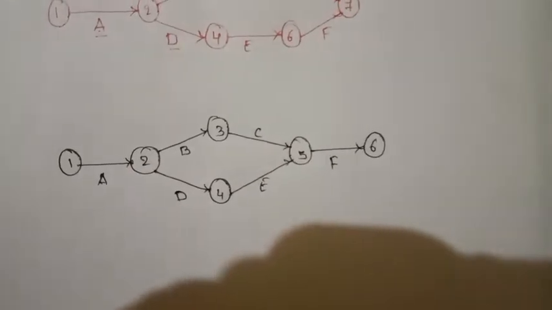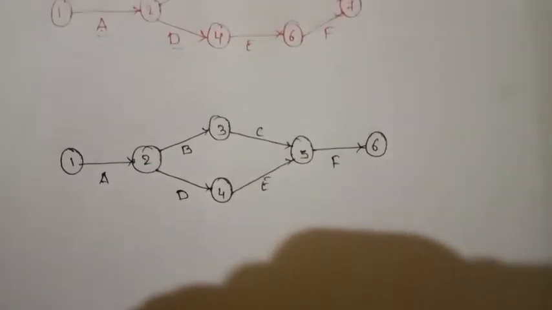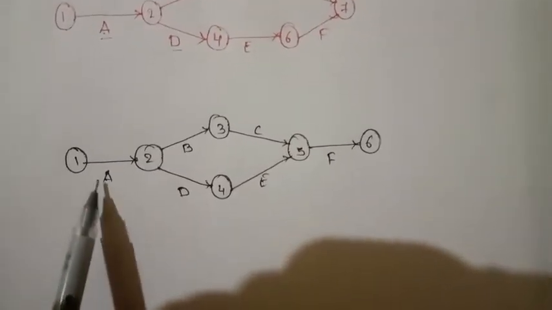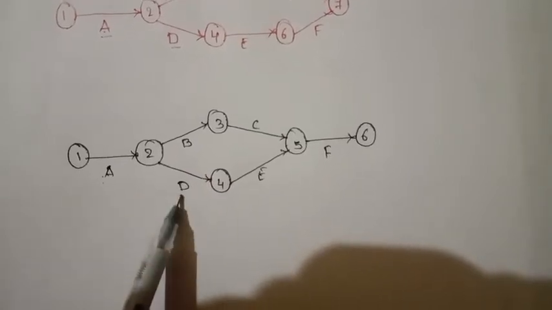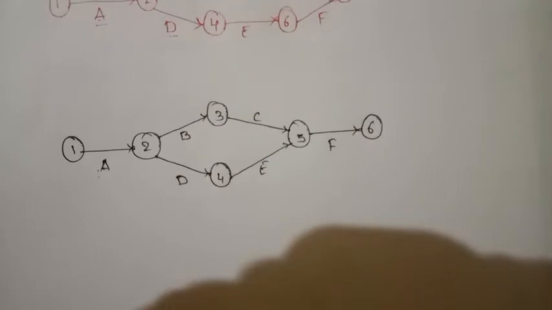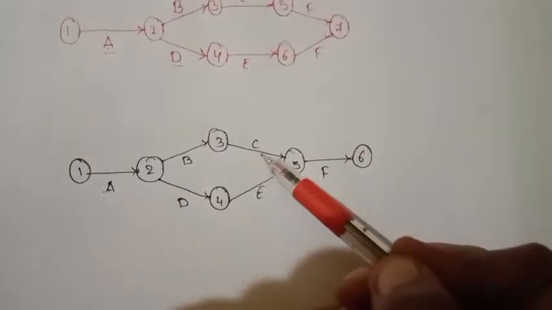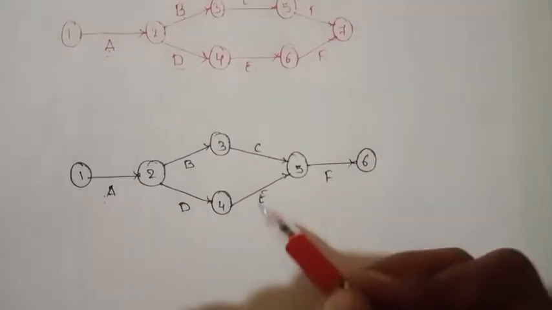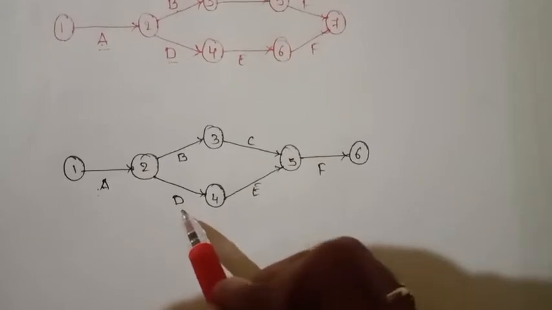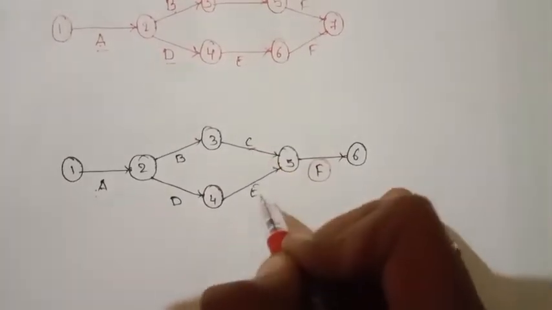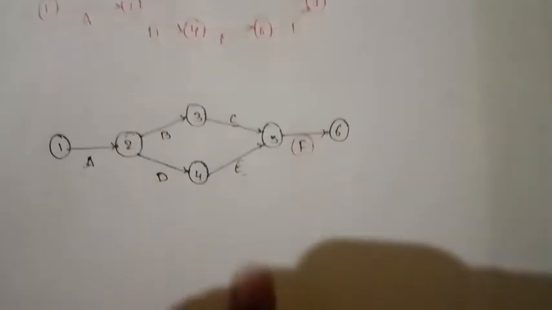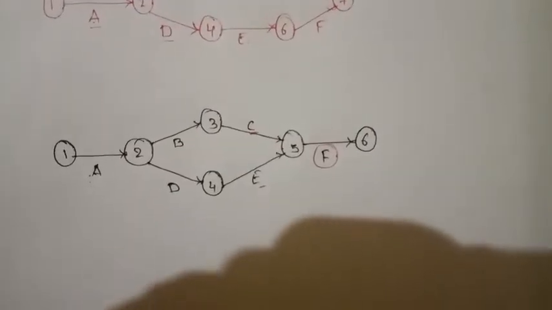If you draw your network diagram like this, B's preceding activity is A and D's preceding activity is also A. For C the preceding activity is B, for E the preceding activity is D, and for F the preceding activities are C and E. Like this, our network diagram is completed.